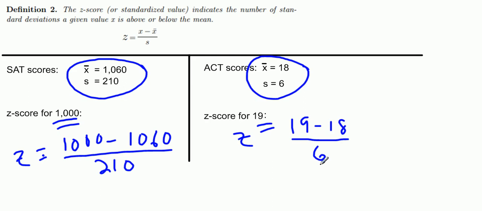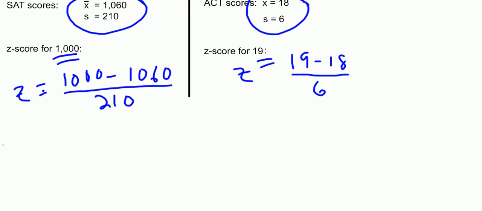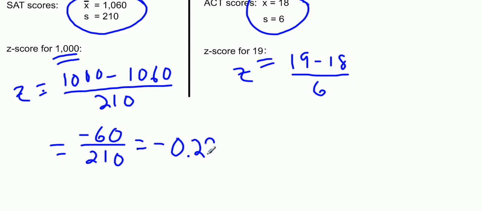Right? We're going to get a little bit more involved in our decimal. This is going to be negative 60 over 210. Right? And then we would get our calculator out and figure that out. This turns into, as a decimal, if you round to 2 decimal places, which is usually what we do for z-scores, negative 0.29. So a little bit below average.